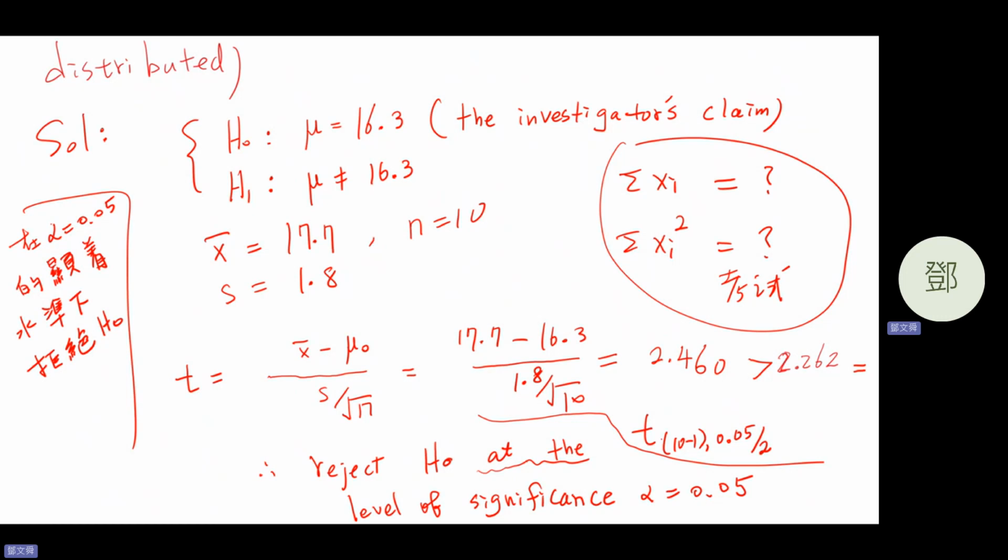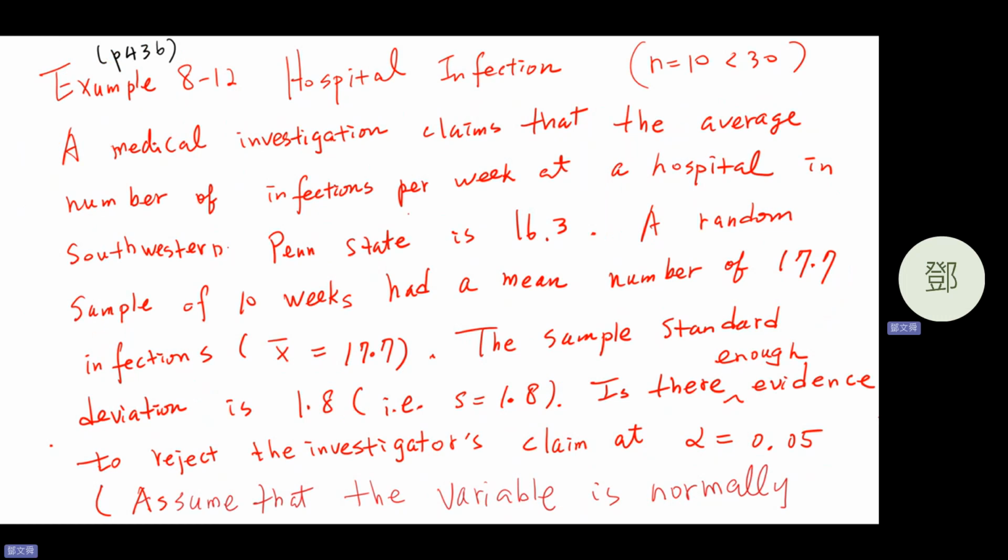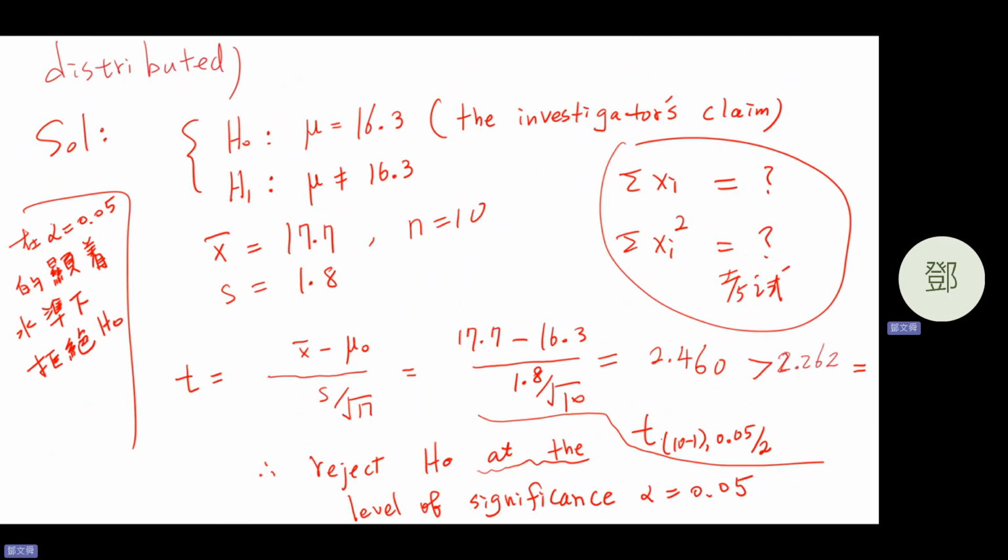The investigator claims that the mean number of infections per week at a hospital is 16.3. So the null hypothesis is that the mean number of hospital infections mu equals 16.3, the investigator's claim. This is what you want to reject, so it should be in the null hypothesis. And the alternative hypothesis is mu not equal to 16.3.